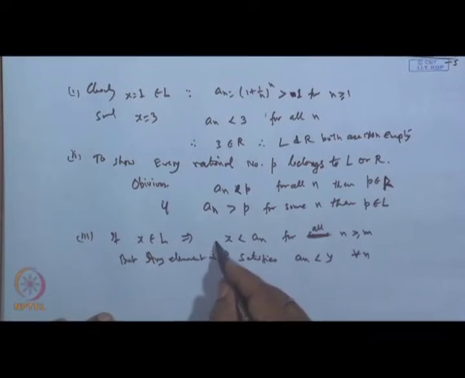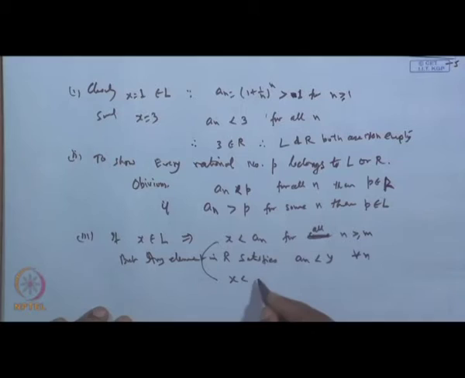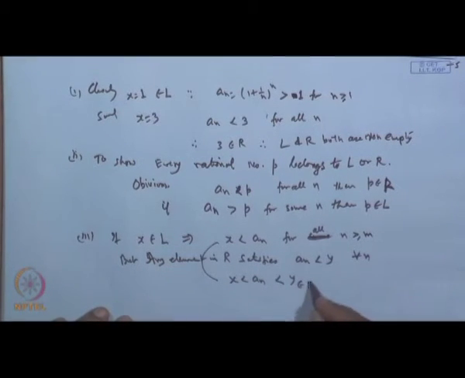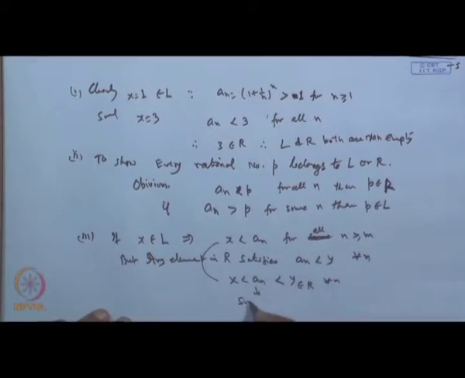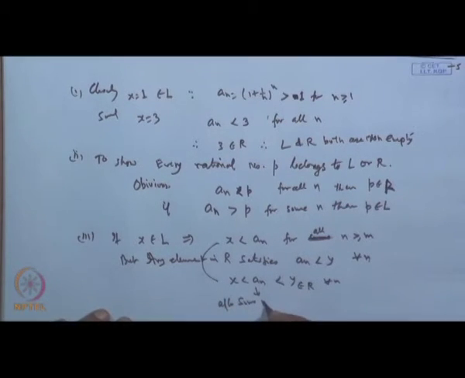So, from here x is less than a_n for some n, but this is less than y if this is an element in R. This is true for every n, this is true for some n after some m, then this will always be less than y.